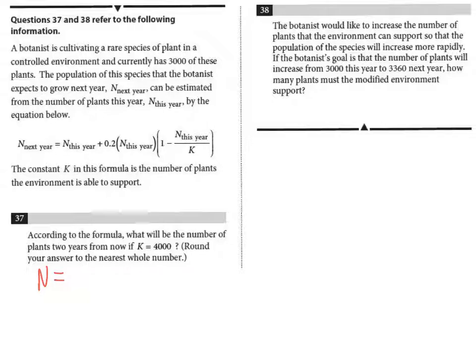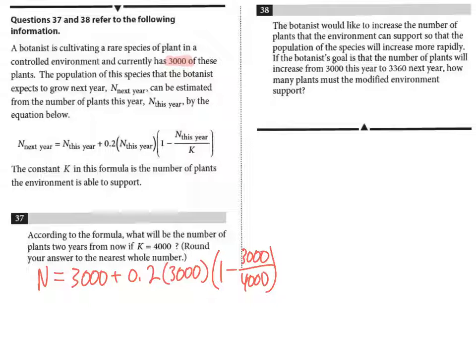This year there are 3,000 plants, so we're going to put in 3,000 for this year. 0.2, again this year is 3,000, and then times 1 minus this year, which is 3,000, over k, which is 4,000. Alright, we're just going to simplify this.